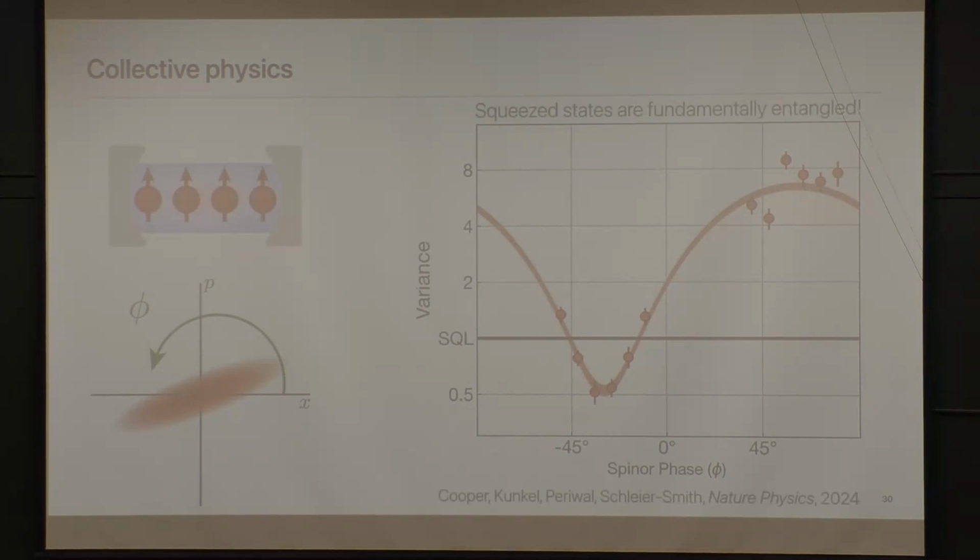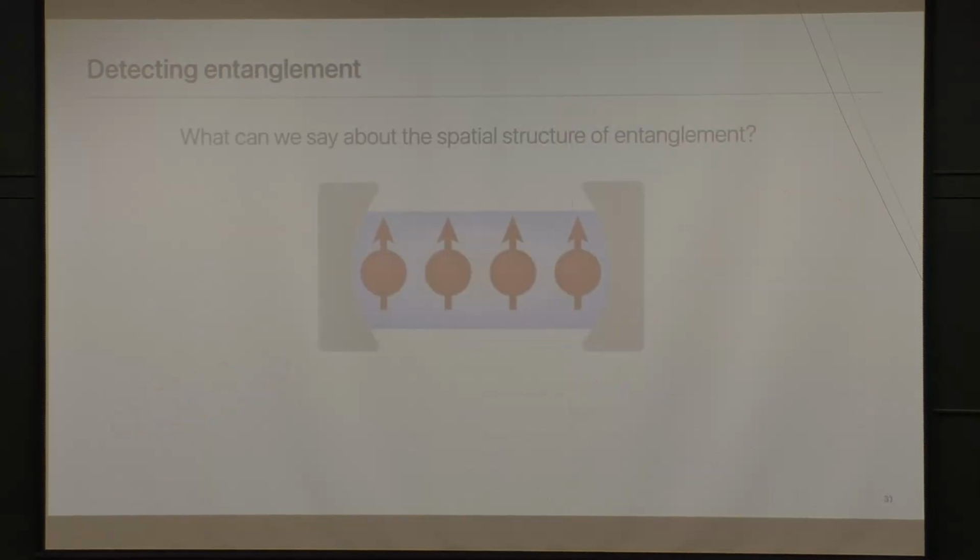Now, squeezed states are fundamentally entangled, but we can ask about the spatial structure of entanglement. In particular, if I want to know whether the left and right clouds are entangled, we can construct a witness, which is the product of two things. If I want entanglement, I need things to be quantum, and I also need them to be correlated.